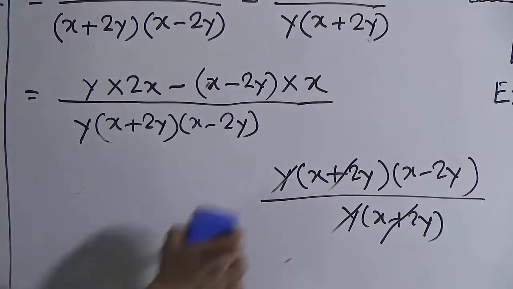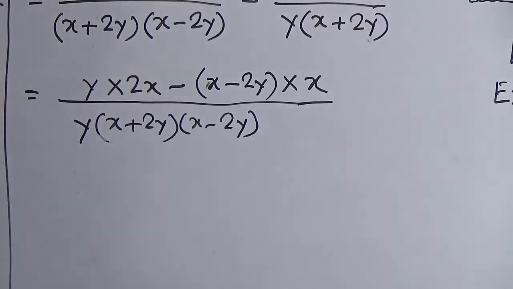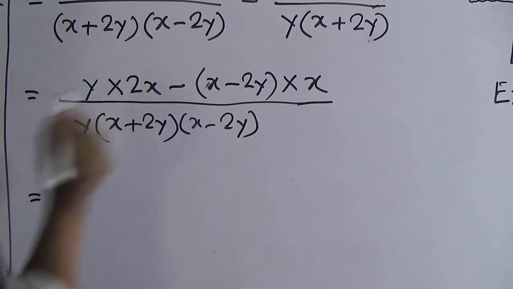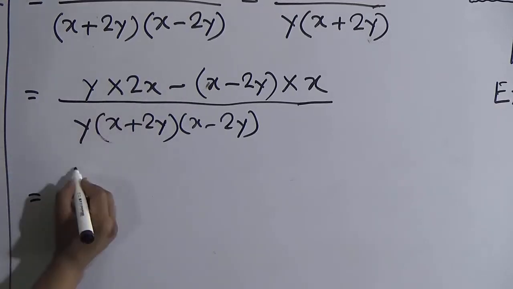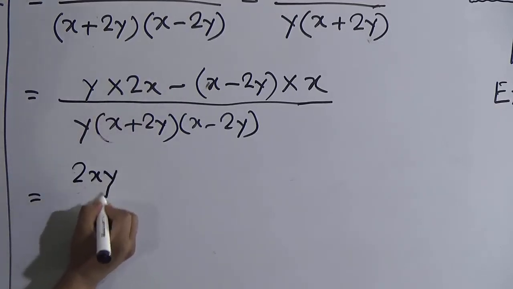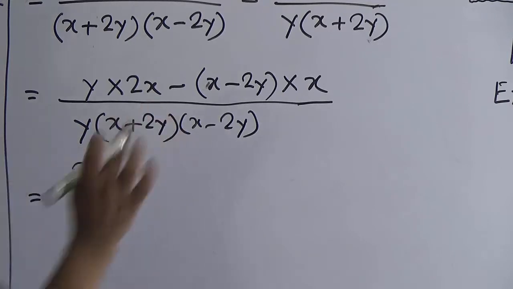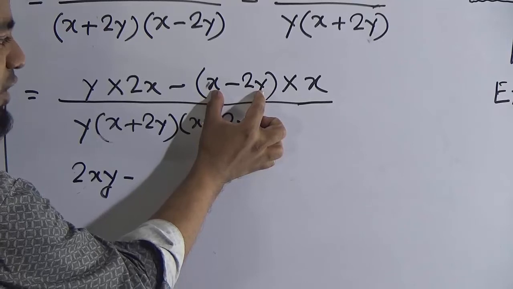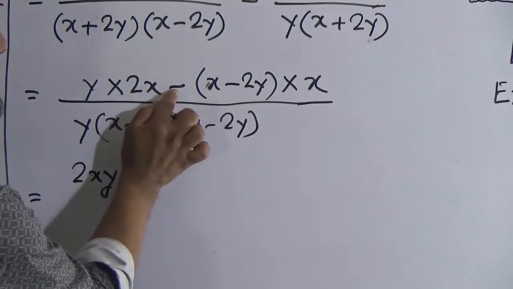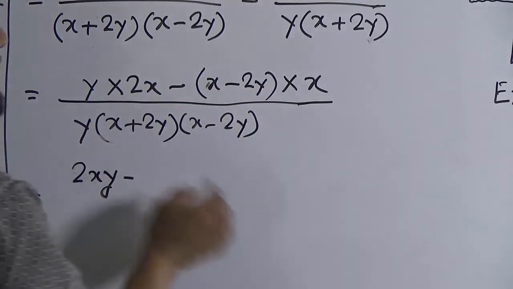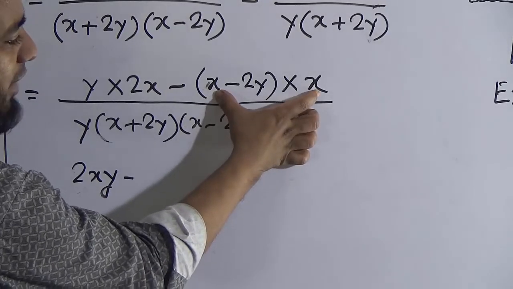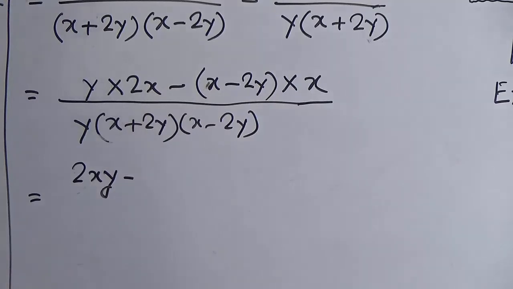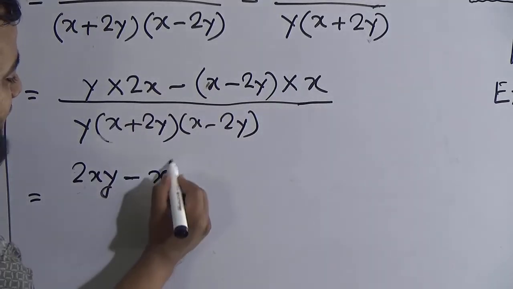Now my dear students, it's a very simple multiplication in this line we need to do. It's y into twice x. It will be twice xy if we multiply. Okay, twice xy. Now very careful, we need to distribute this x with x minus twice y, and we need to distribute also this minus sign. So minus x multiply x will be minus x square.